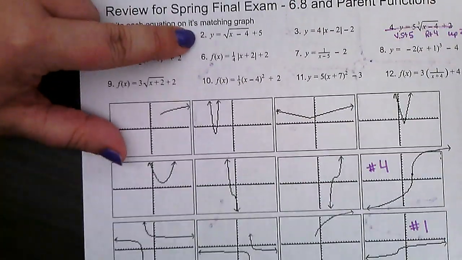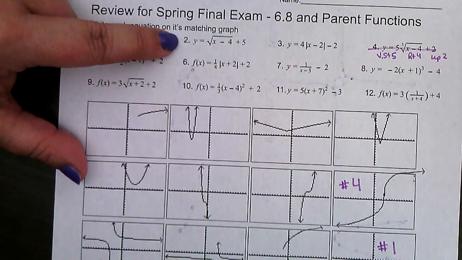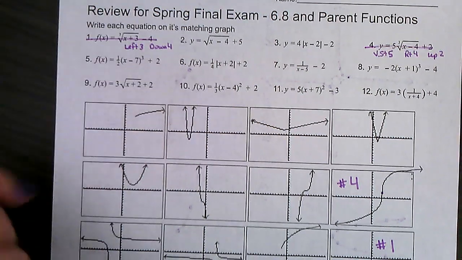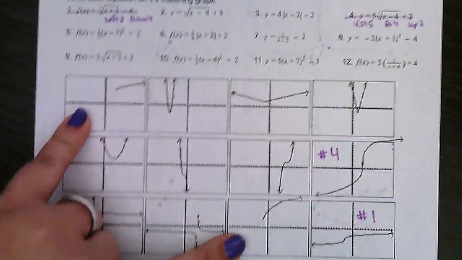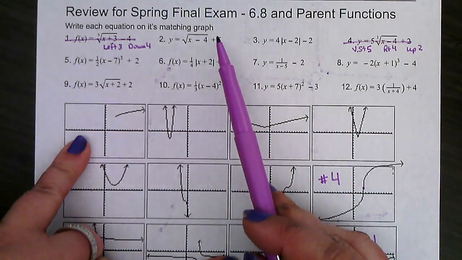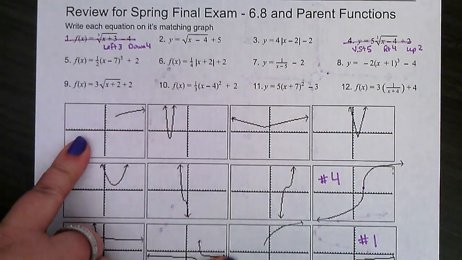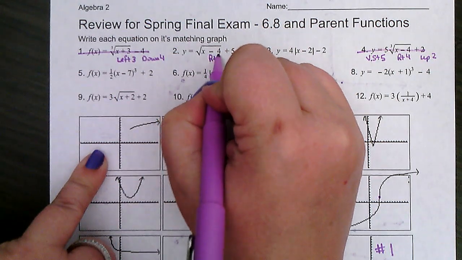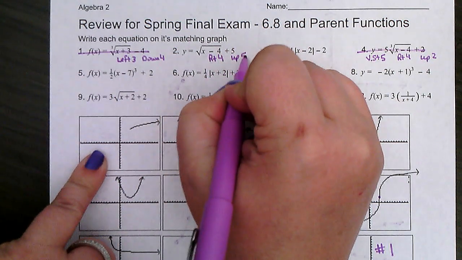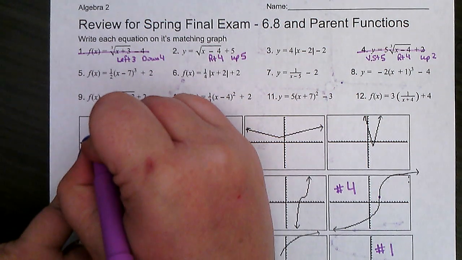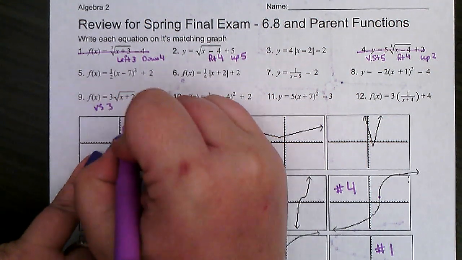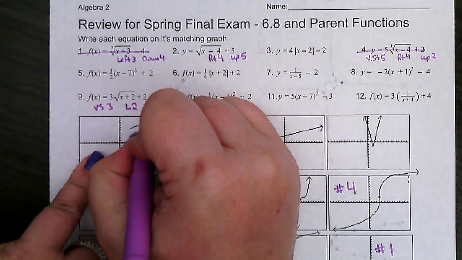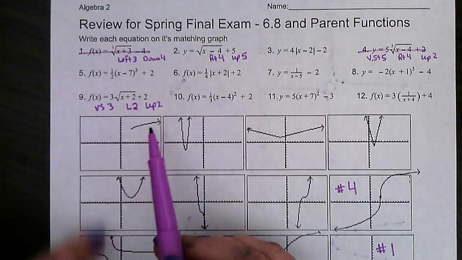Okay, number 2 is a square root. If I look for my square roots, it looks like my graphs are here and here, and number 2 and number 9. If I look at my transformations, this one went right 4 and up 5. This one has a vertical stretch of 3, left 2, and up 2.